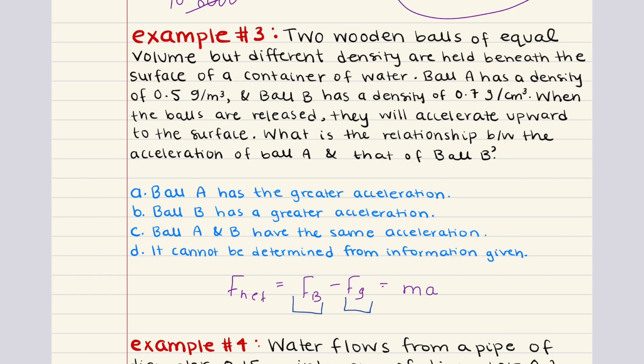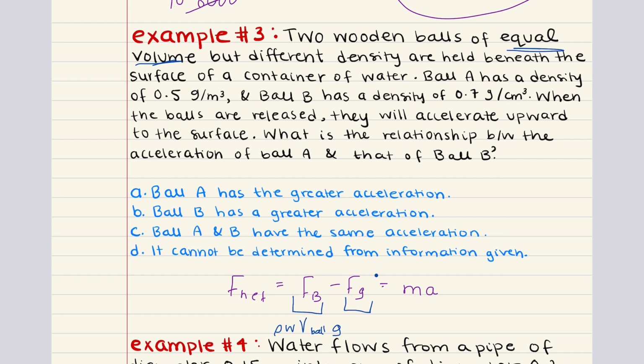The buoyant force is the density of water multiplied by the volume of the ball multiplied by acceleration due to gravity. The buoyant force is actually going to be equal for both balls because the volume of both balls is the same. And so the buoyant force for each ball is the same.